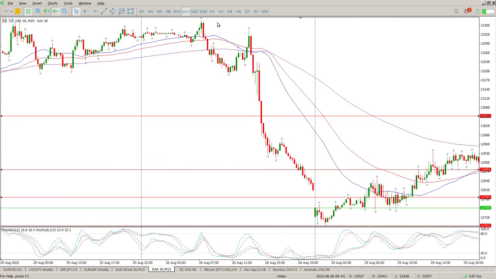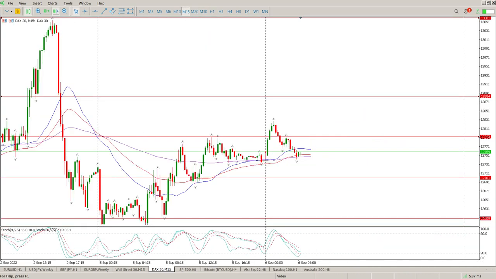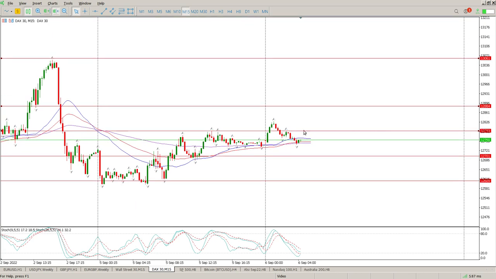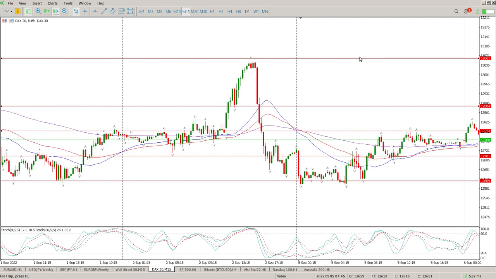So get down to 15 minutes again, and you can see the structure building for you. So if we hold above 12,793, so we break and retest that this morning, you're first looking for 12,884. Get above that, find support, then you're looking for this previous high up here at 13,061.